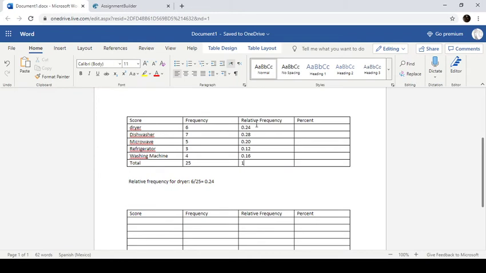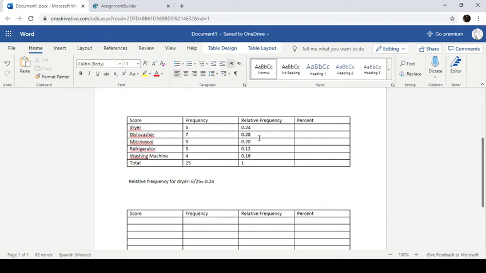Now, your relative frequencies should always add up to 1 or somewhere really, really close to 1. The reason that they might not be exactly 1, but just really, really close to it, is if we have to round these numbers. There might be a little bit of error when we round them.